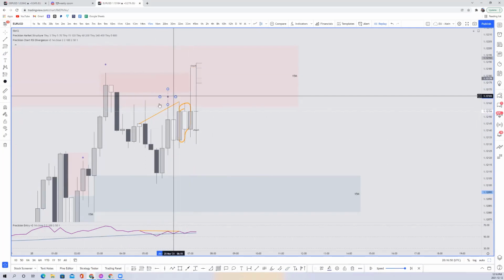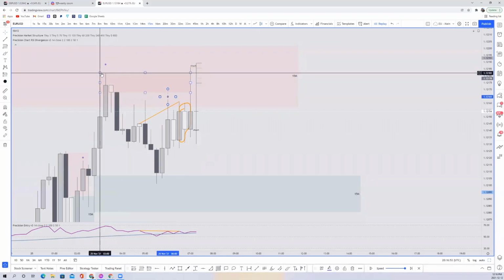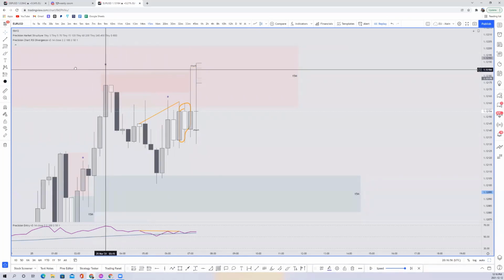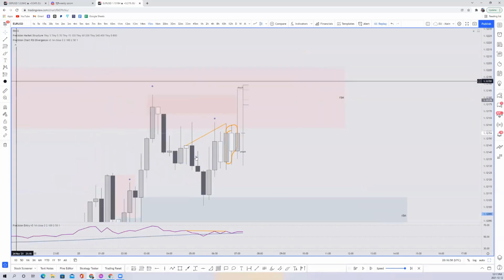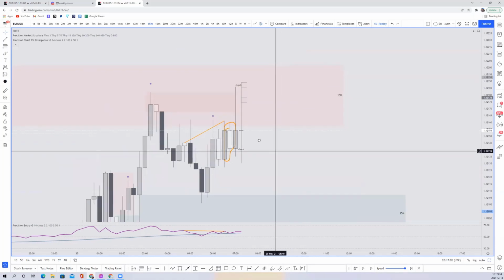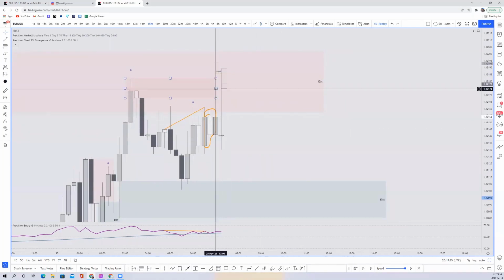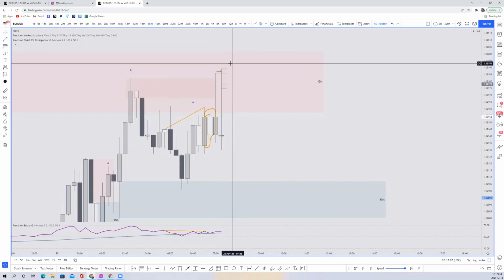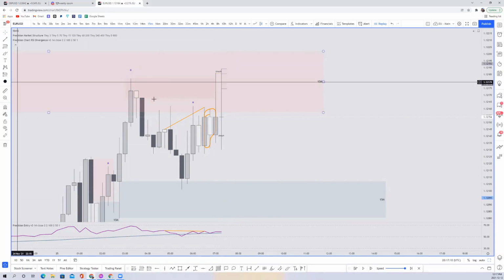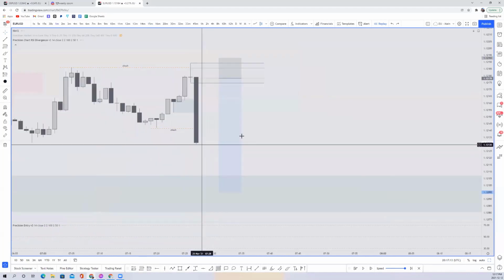And this kind of disrespected this reaction point, and you reached above this. So this to me is a disrespect of this supply, or it's a possible liquidity grab. The next thing we get is another reach up a little higher, which is telling me that maybe the market wants to go higher. But at the same time here, the market is also reaching lower.